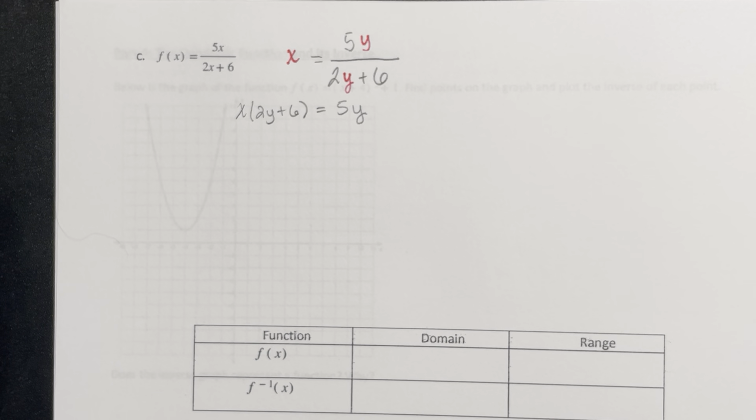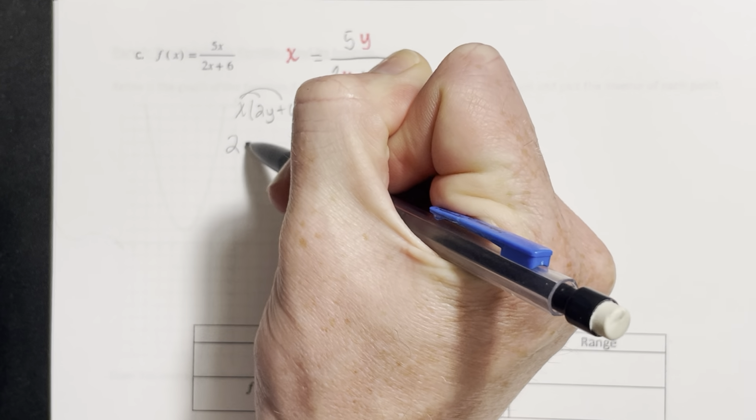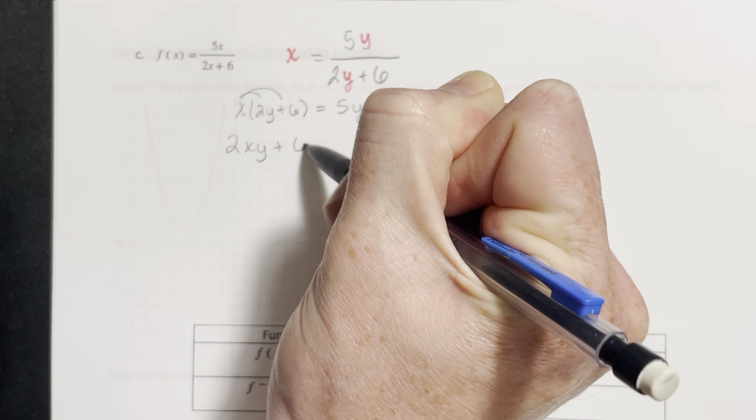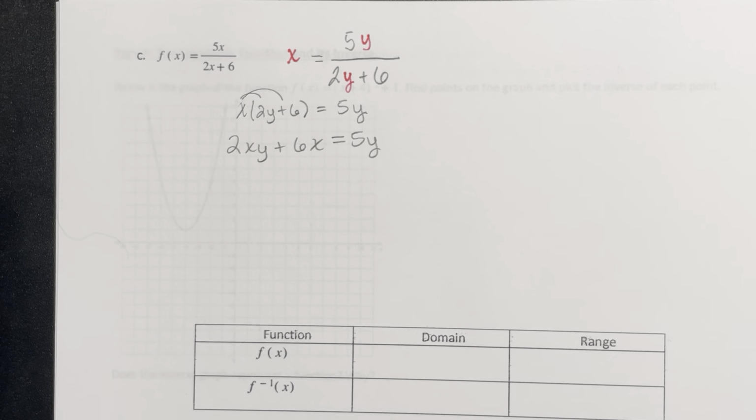We can distribute on the left side to get 2xy plus 6x equals 5y. If we move the y terms to the same side, I could subtract 5y to the left and subtract 6x to the right.